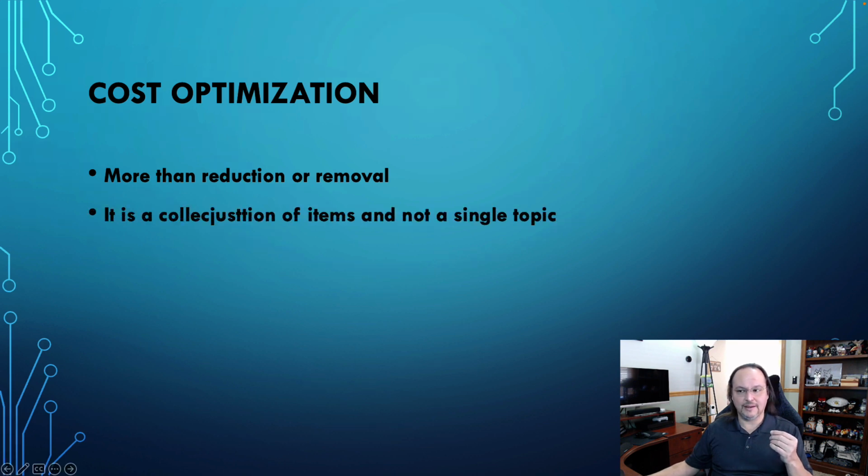Now, there's a number of things you can do. There's a number of steps, and we're going to go through a bunch of them today. But you have to realize it is a part of an overall solution. It's not a single magic bullet that is going to fix your problem, okay? There's some real critical things you can do, but combined is how you actually deal with your cost optimization and, to be honest, lowering your cloud bill, because that's what we all want.